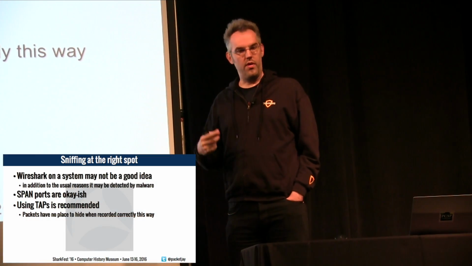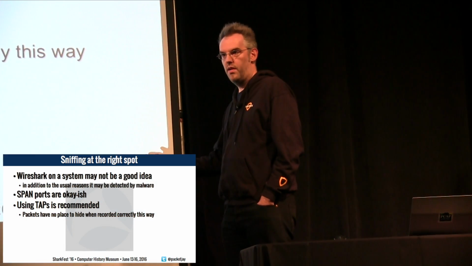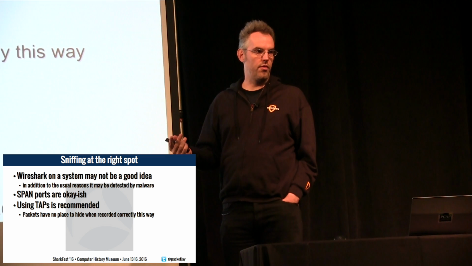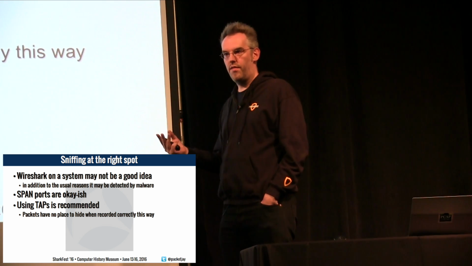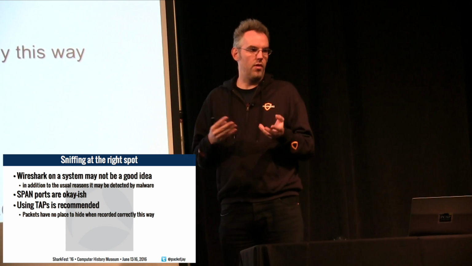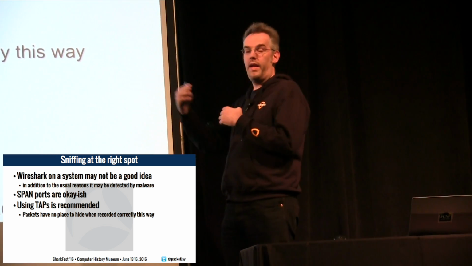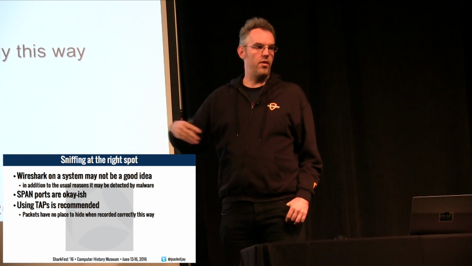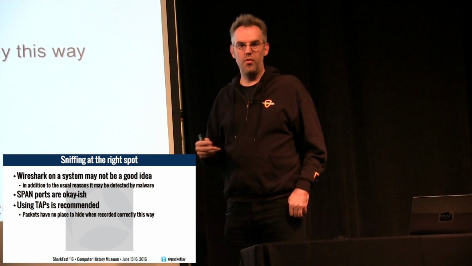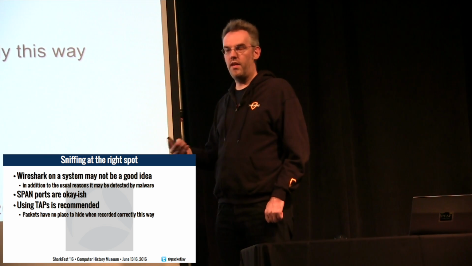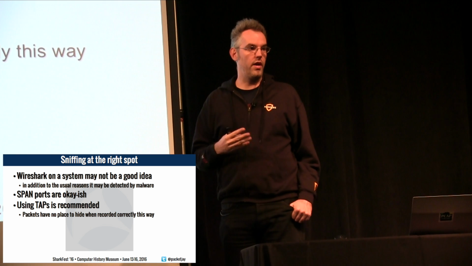So using a tap is recommended because if you put a tap into a network link, you will have a link down and a link up, of course, but nobody can tell if that was for inserting a tap or something. And if you insert a tap way ahead of time, for example, at your internet uplinks, you will have full access to all data and it's completely undetectable for any attacker.